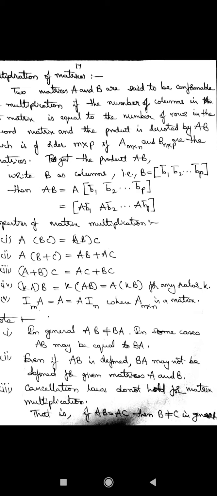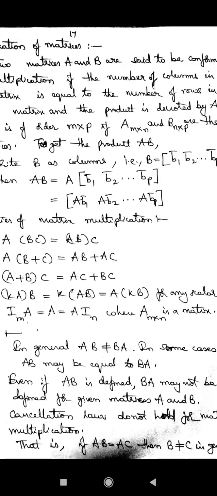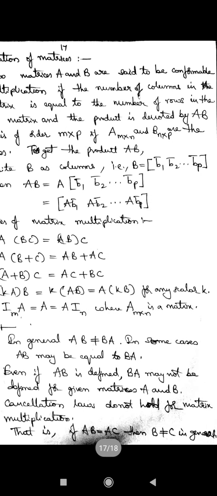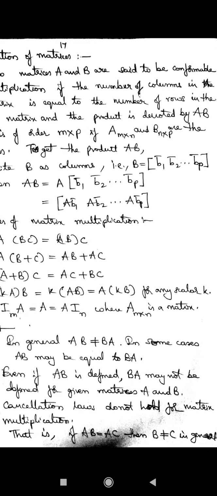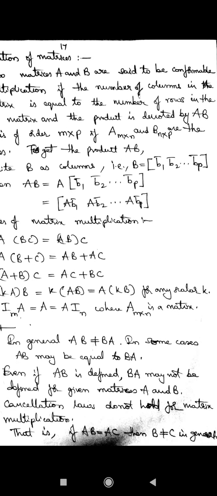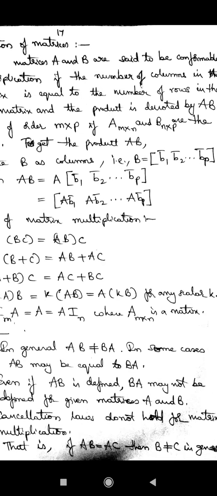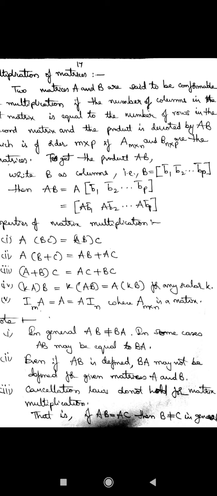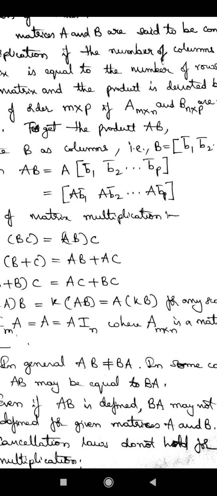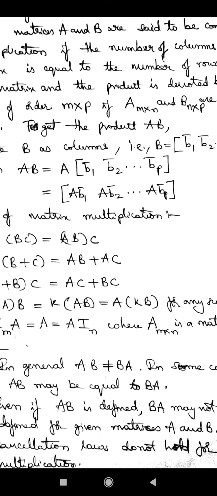That means B1 bar is a column vector consisting of the first column elements of the matrix B, and B2 bar denotes the column vector whose elements are the elements of the second column of the matrix B. And so on, BP bar is the vector consisting of the last column elements of the matrix B. Now, after writing B in that way, the product AB will be equal to A times that matrix B written in column vector form.